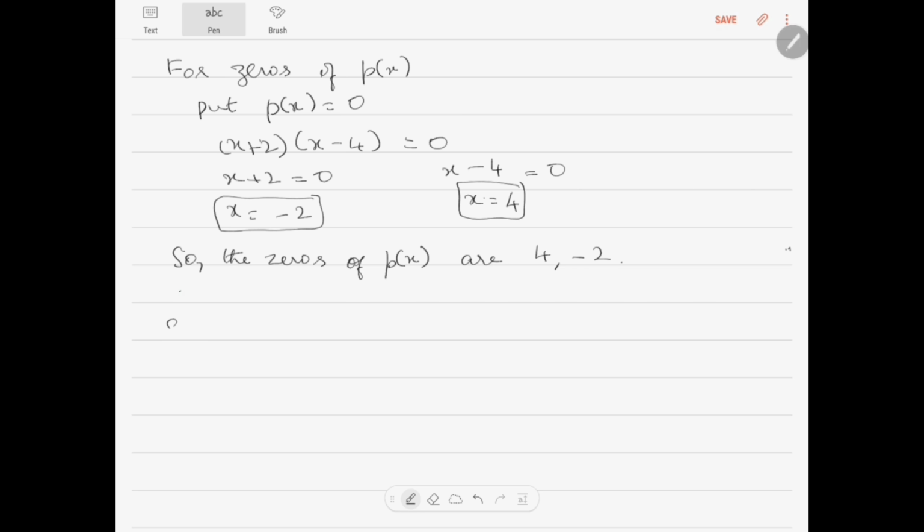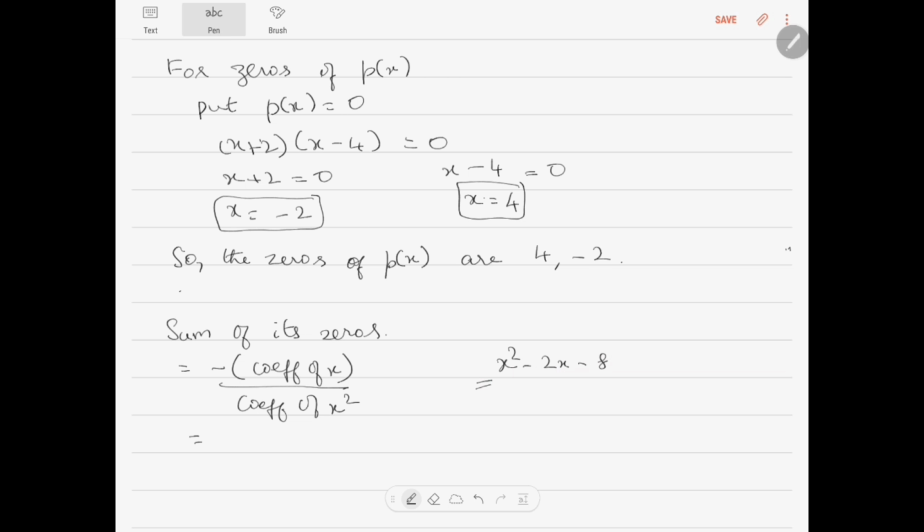So we have to find the sum of its zeros, which will be equal to minus of coefficient of x by coefficient of x square. The polynomial is x square minus 2x minus 8.